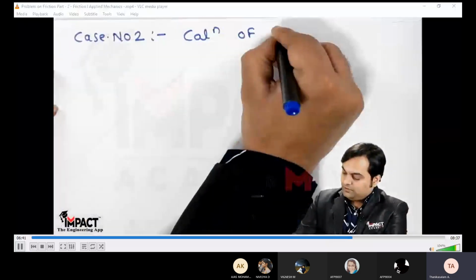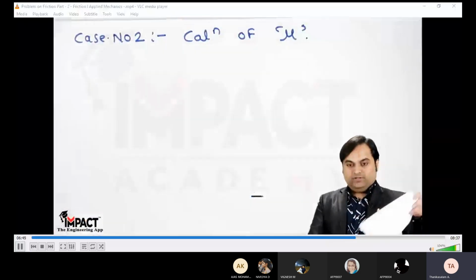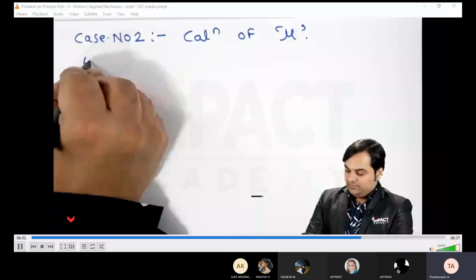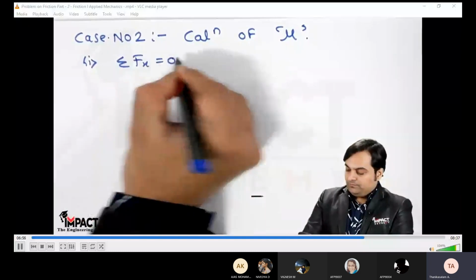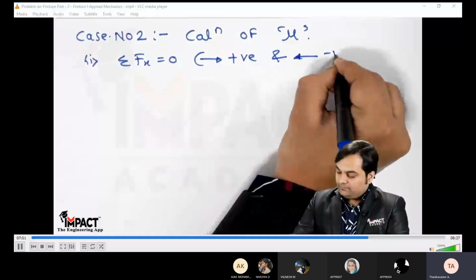Then I'm going to use the second case, in which we have to find the coefficient of friction. It is the calculation of mu, and for that I'm going to use the same diagram and the same conditions. Considering the block under limiting equilibrium, summation of Fx equal to 0, the rightward force is positive and the leftward force is negative.